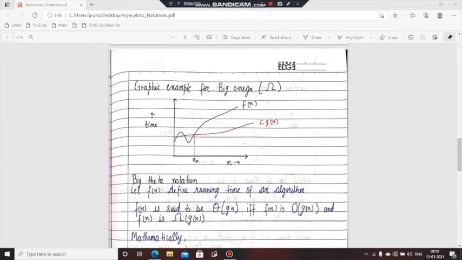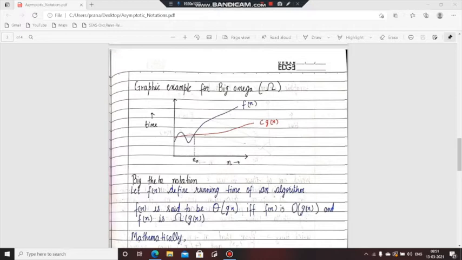So similarly, here is the graph of big omega. The graph is of time and n. Now consider a function f(n), which is the running time of an algorithm. We already know that. Now there's another function g(n) with a constant c. Let us consider a point n naught.